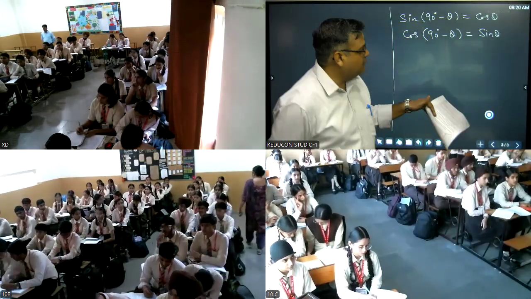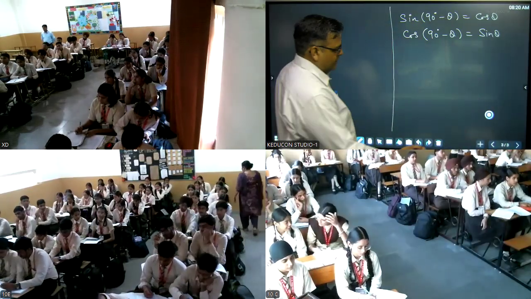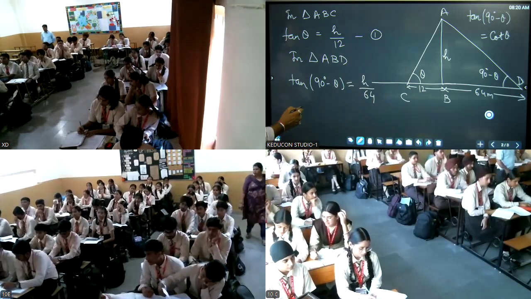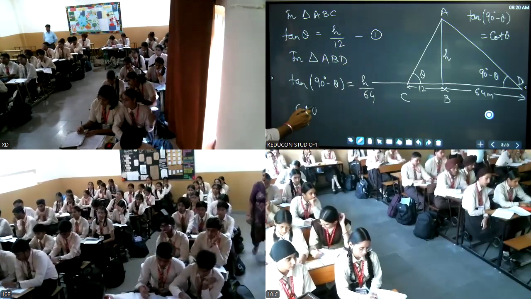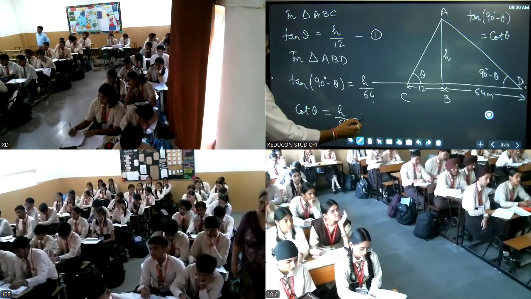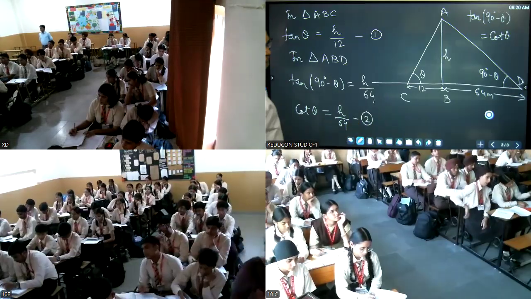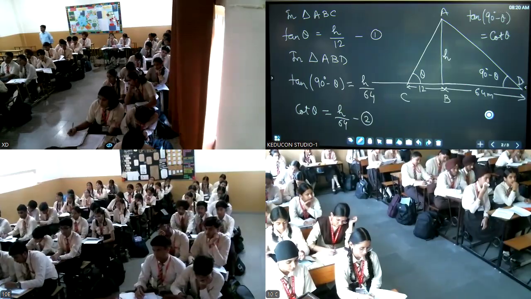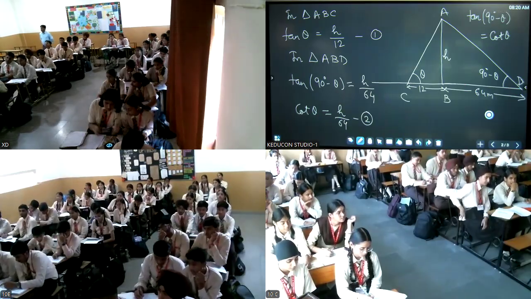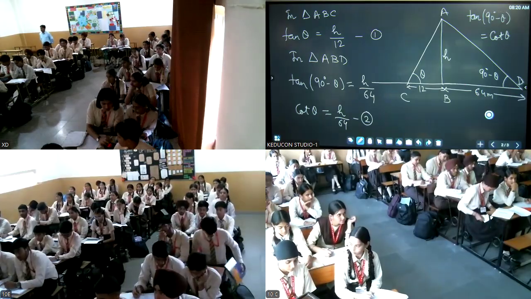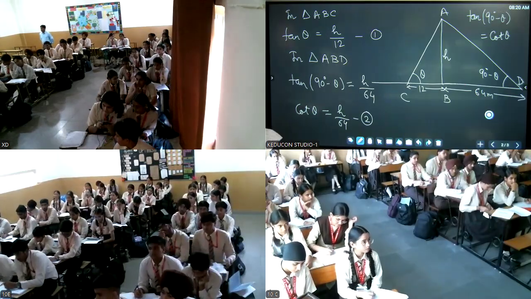So we'll apply the concept, and this tan 90 minus theta will become cot theta. This is equation 2. Have you understood this? Please tell me whether you have understood or not.